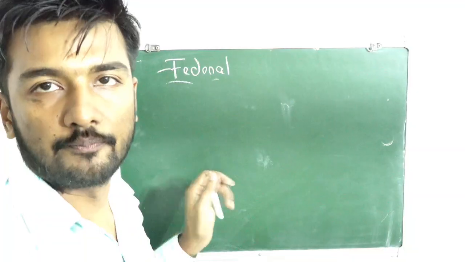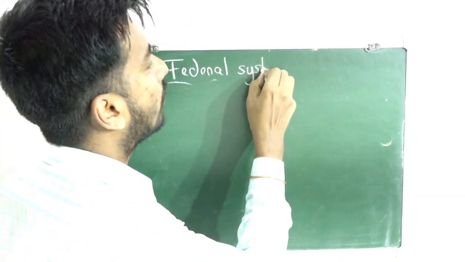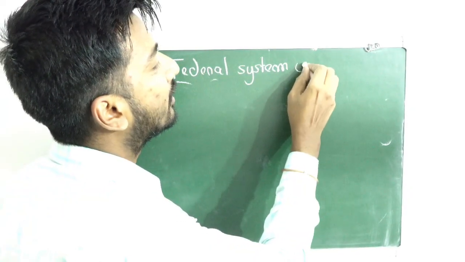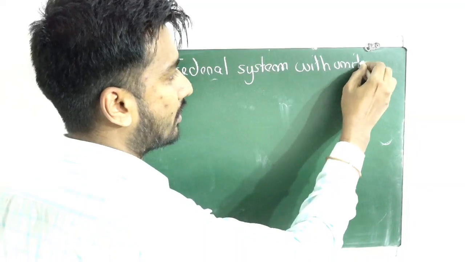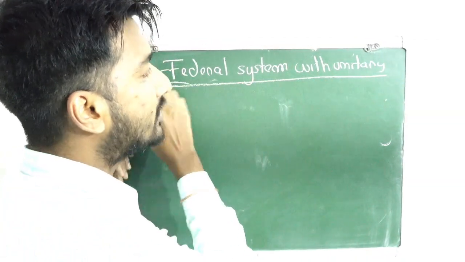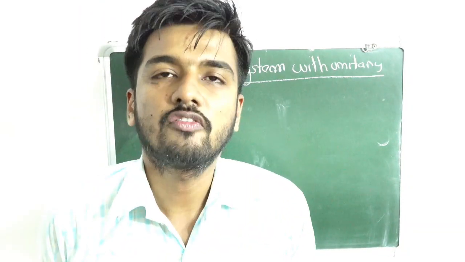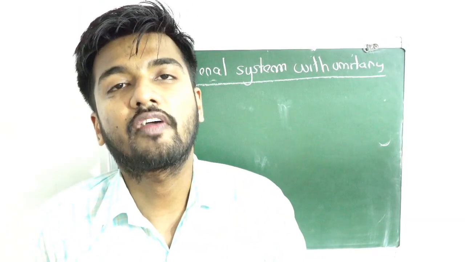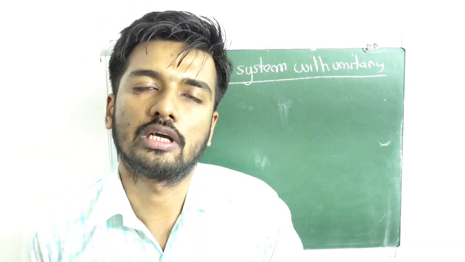Now the next point: what is India? India is a federal system with a unitary bias. When you read the constitution of India, you will find that there is no such word as federal in the constitution of India.